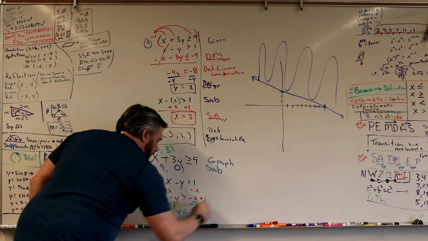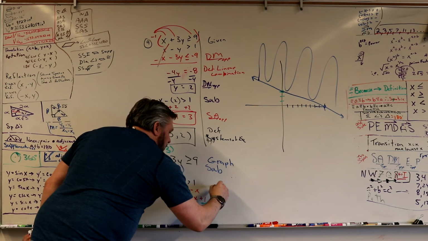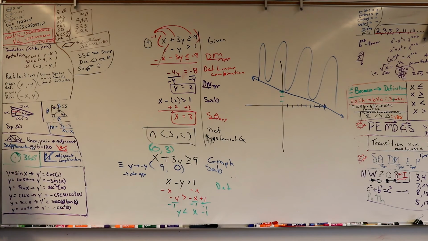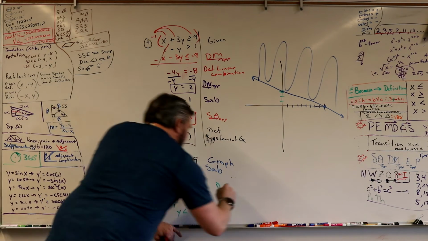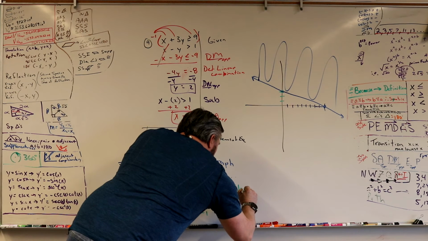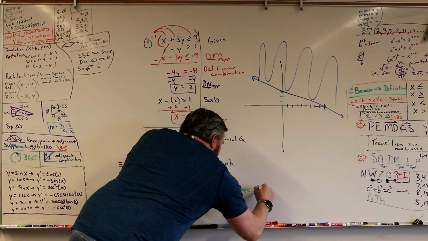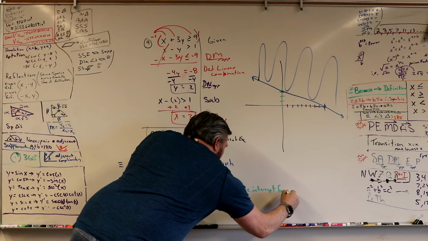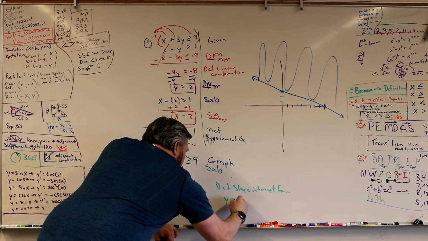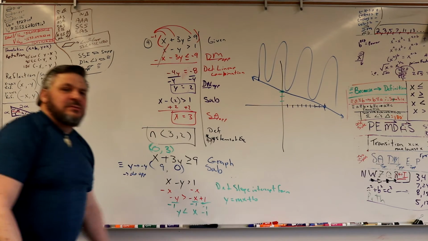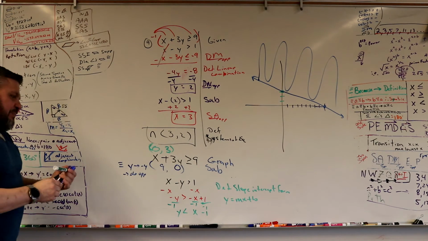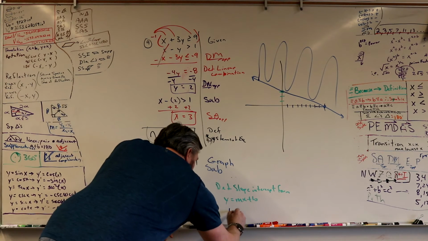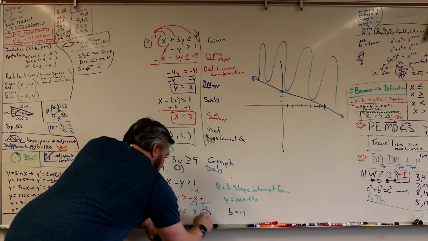So we get y is less than x minus 1. Okay? So this is the definition of slope intercept form, or what we like to call y equals mx plus b, right? In this case, what is b? b equals negative 1, right?